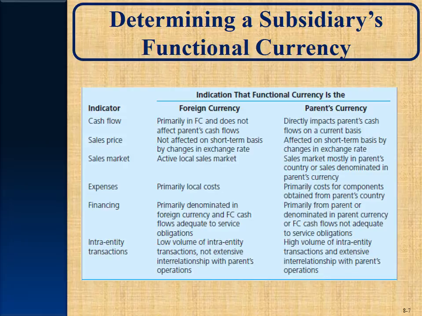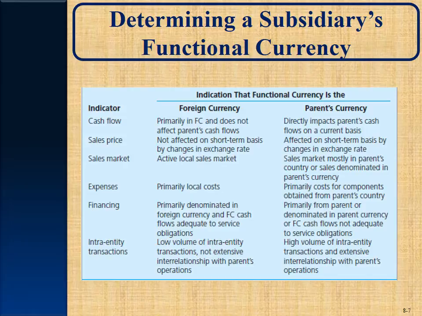Sales price is not affected on a short-term basis by changes in the exchange rate. Foreign currency is the primary currency, the functional currency. The sales market, active local sales market. If the sales market is mostly in the parent's country or dominated by the parent's currency, then the functional currency would be considered the parent's. Same with expenses. Financing, if it's primarily done in the foreign currency.